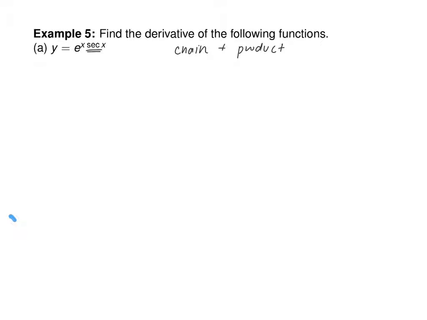Okay. So what's the derivative of e to the something? e to that something. So you've got e to the unchanged something, and that was secant, not sine. e to the secant x multiplied by the derivative of that something.